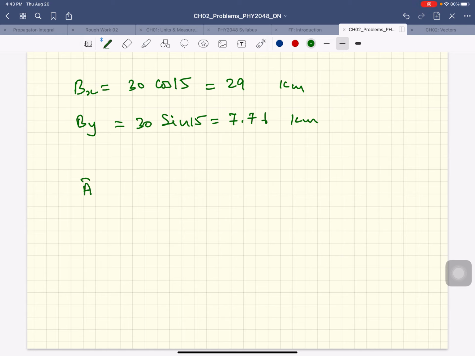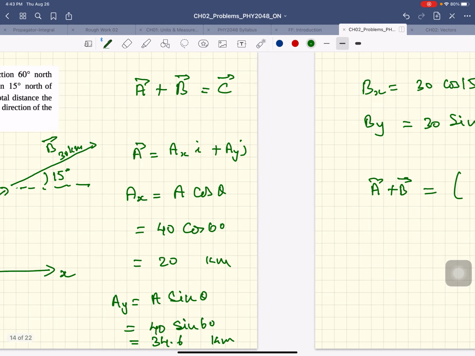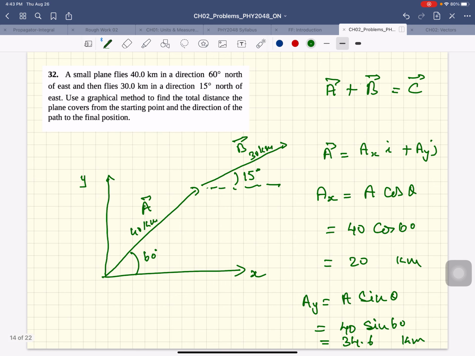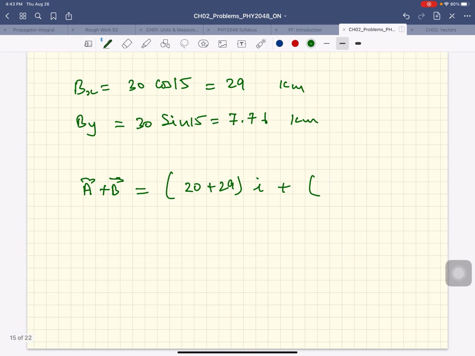All right, so A plus B is 20 plus 29 i plus 34.6 plus 7.8 j.